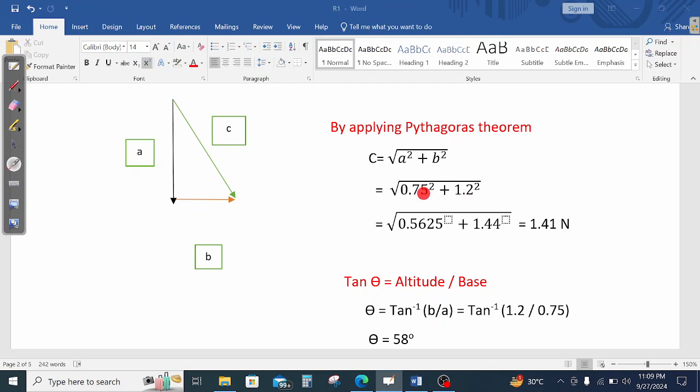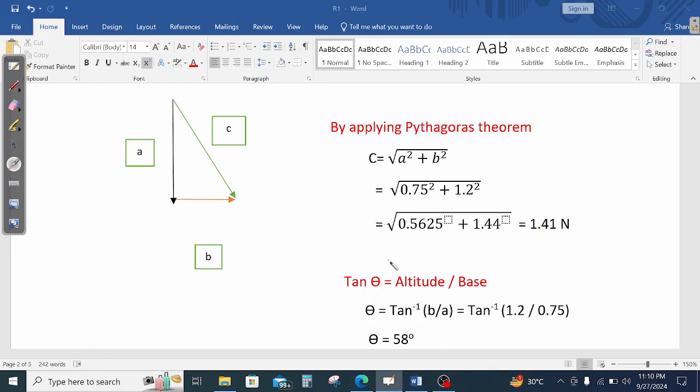Then by taking the square of this one you will get this answer, and by taking the square of 1.2 you will get this one. Add both terms, and by taking the square root you will get 1.41 Newton. It means the tension in the string, that is represented by the C, which represents the resultant of two forces A and B, will be equal to 1.41 Newton.